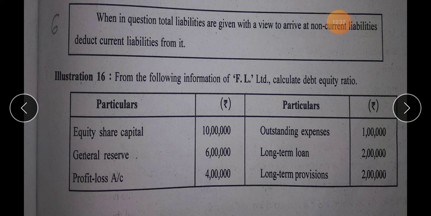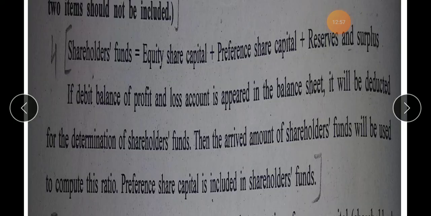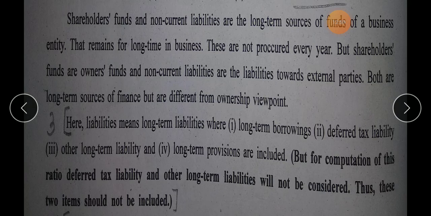Yes? So, what are long-term liabilities? We have understood here. You will keep this point in your mind. And on the basis of this, we are going to calculate long-term liabilities at first. So, let me find out. This is shareholders' fund, this too, this even. This is current liability. And yes, long-term loan. This is a non-current liability. Long-term provisions. This is also a long-term liability. Loan is long-term borrowings, long-term provisions.